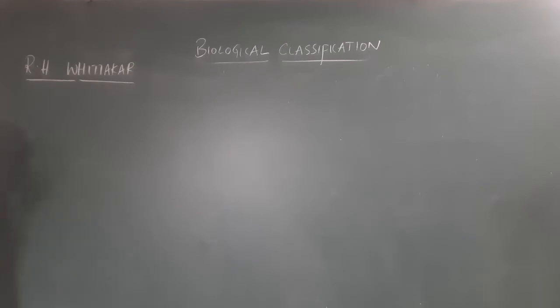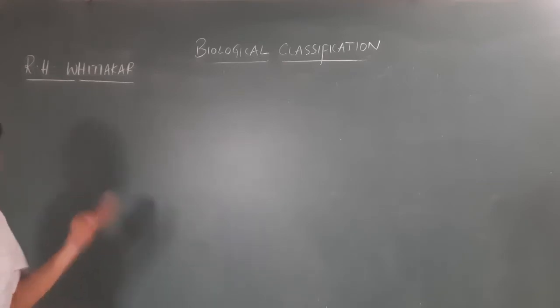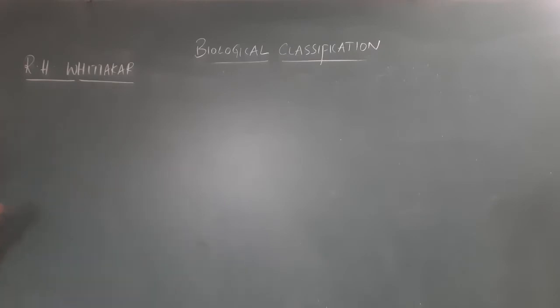All organisms do not fall into either category, whether kingdom Plantae or kingdom Animalia, because some organisms do not have plant characteristics, some do not have animal characteristics, and some have both. So when one classifies organisms, one has to take many characters into consideration.